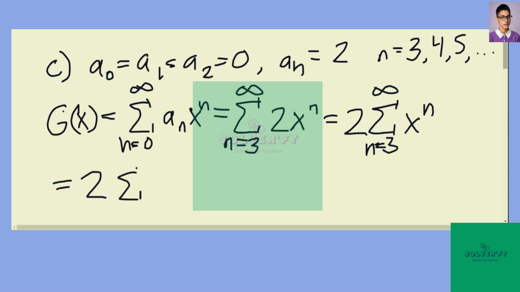times the sum from, and then we'll make the substitution t equals n minus 3. So this is now the sum from, well, if n is equal to 3, then t starts at 0, so t equals 0 to infinity of x to the, and then t is equal to n minus 3, so n is equal to t plus 3.